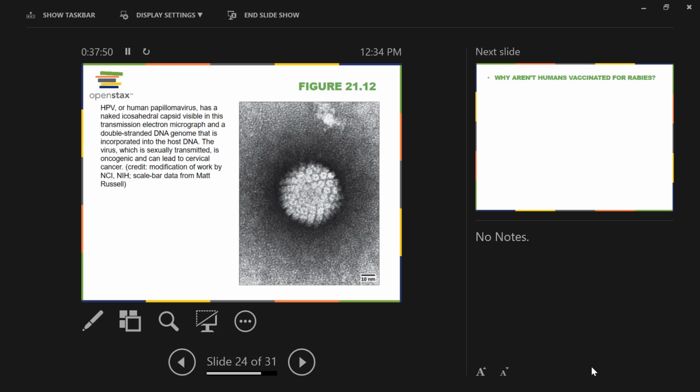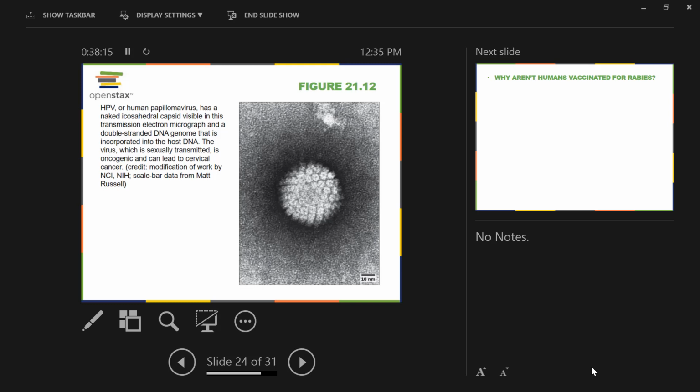Here's HPV. This is where I mentioned that people with HPV seem to be less susceptible to contracting HIV than people without it. And so there's something very interesting going on in terms of how this virus shapes your immune response.